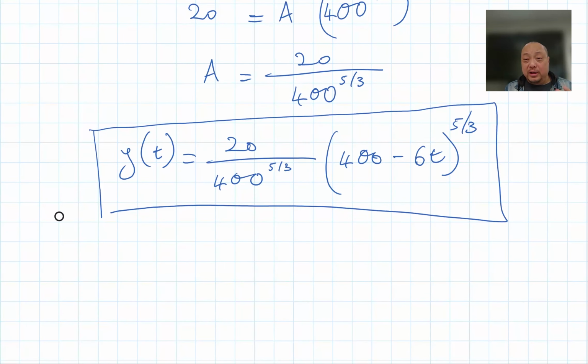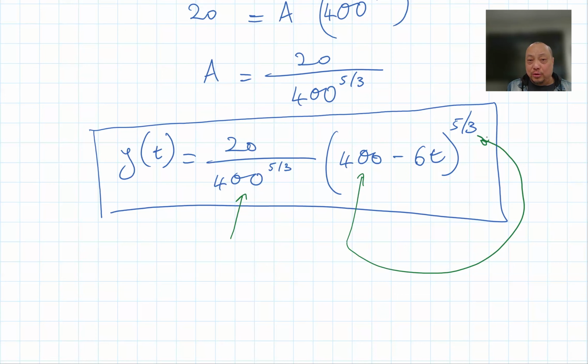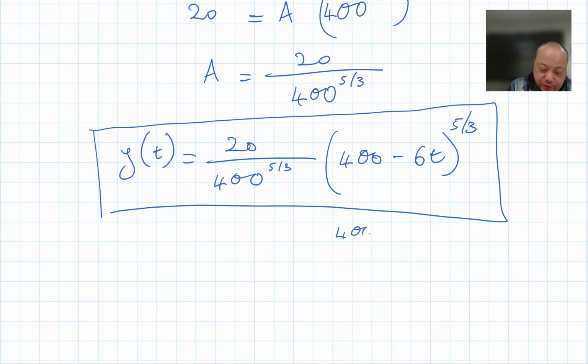Now, those of us who are a little OCD, we may care to simplify this because I noticed that there's a 400 to the 5/3 here, and there's a 400 inside of here that's also raised to the power of 5/3. So I know they could be canceled. So you can leave your solution like this, but I'm a little OCD, so I'm going to try to clean this up. I'm going to factor a 400 out of this. So I have 1 minus 6 over 400 t like this.